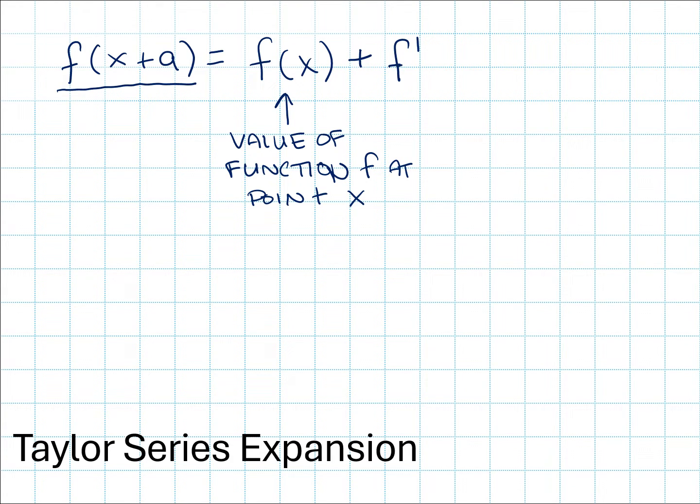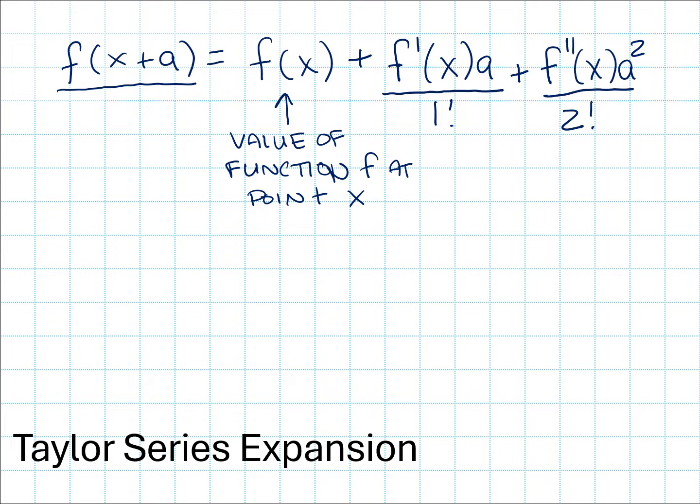So I'm adding my Taylor series expansion to f of x, and what you can see is it's an increasingly smaller series of terms, each one that marches us closer and closer to the true solution of f of x plus a. And I'm going to stop after the fourth term here, but this keeps going and going.